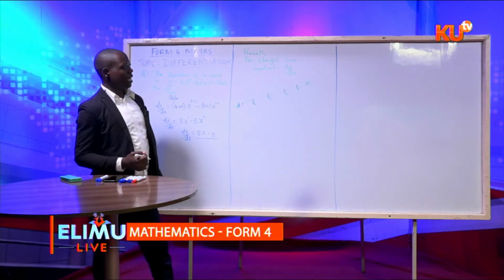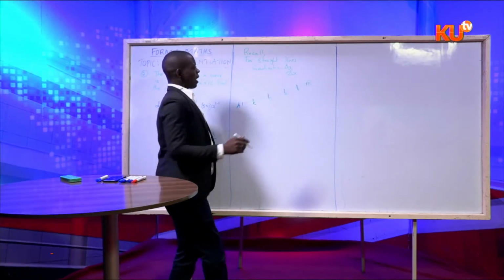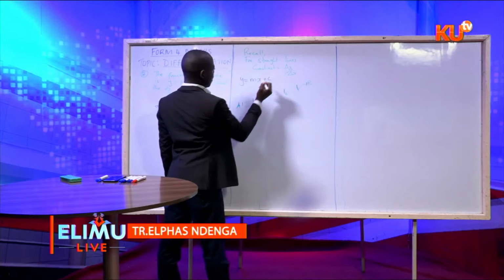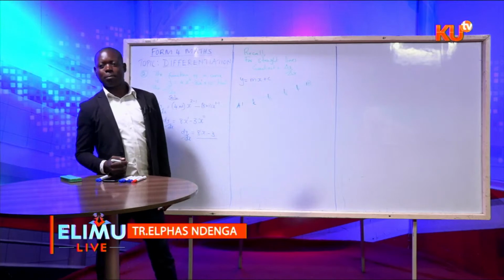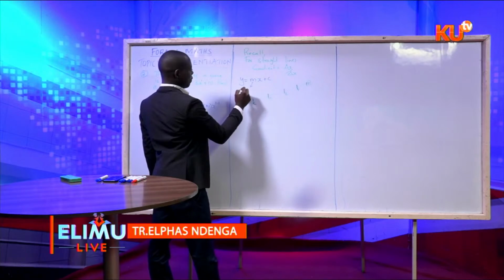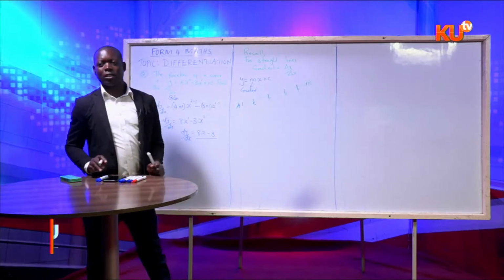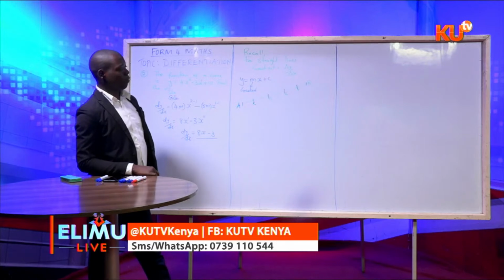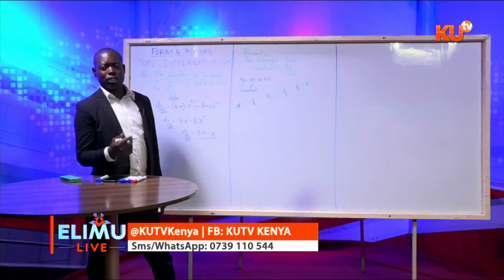It's because a straight line has the equation y equals mx plus c, where m is the gradient. Therefore, it's a constant that is linear, meaning it is on the same straight line. Gradient does not change in this case.